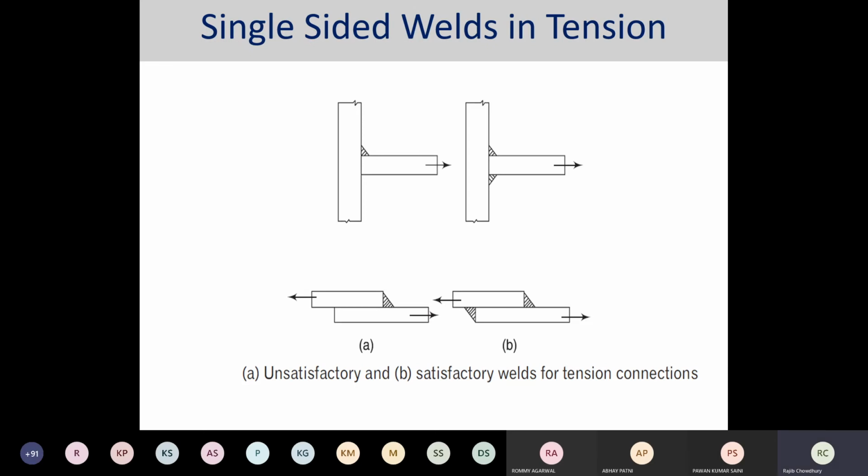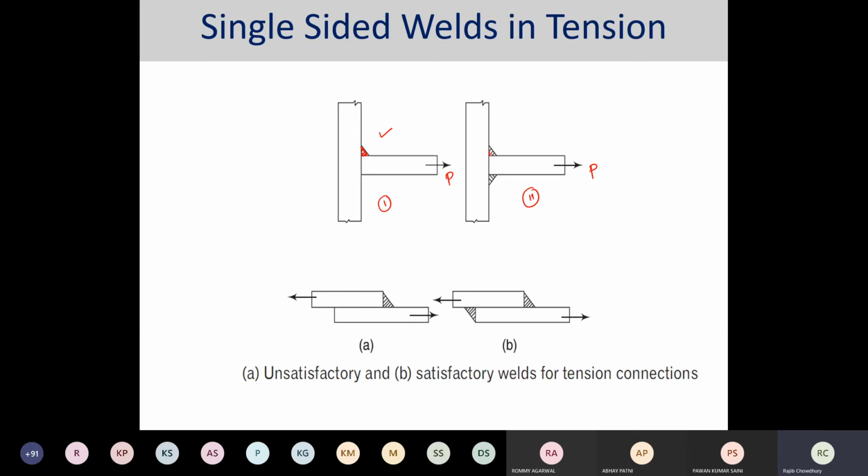Next part is the single-sided welding in tension. If you look into these different cases, let's say case 1 and case 2, the same amount of force is being applied. In case 1, only one side is being welded.